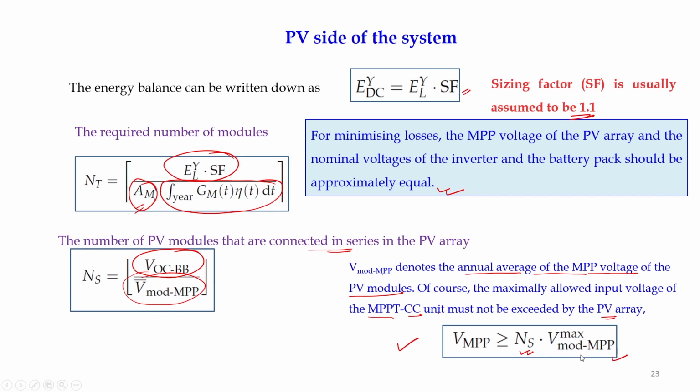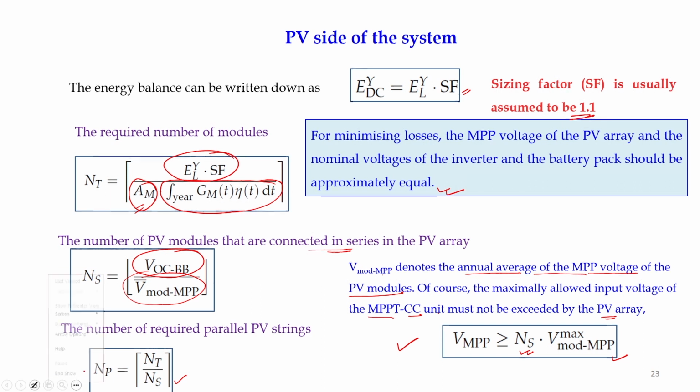Okay. Next, we can do the parallel connection of PV strings. So, it will be the number of modules divided by the number of modules connected in series. Once we do this, then we can find out what N_P is, right.